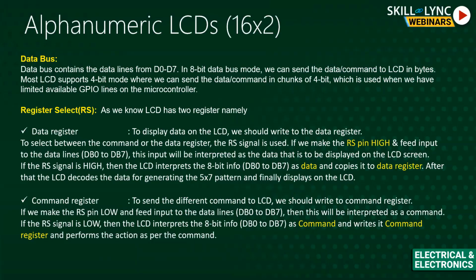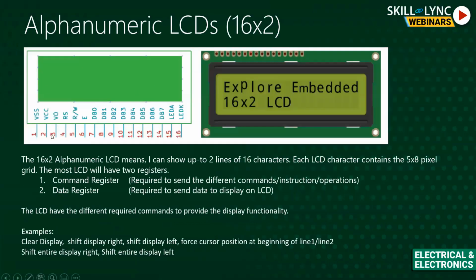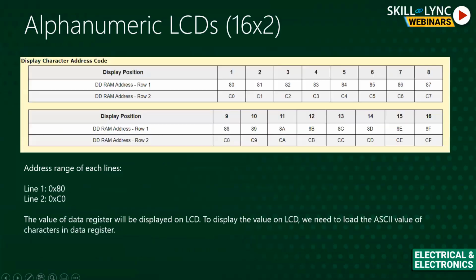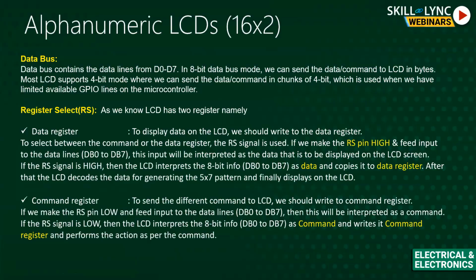Now let's consider the register select. We have a pin, as we have seen in this diagram, called RS. What RS means is register select. We have two registers, as we also saw in the previous slide: the data register and the command register.